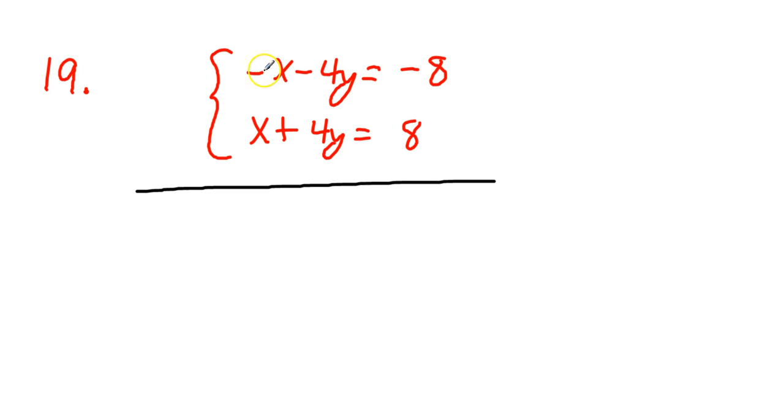Okay, so again, you've got negative x plus x, that goes to 0. You've got negative 4 plus 4, that also goes to 0. Negative 8 plus 8, that also goes to 0. So if you get 0 equals 0, that's going to be infinitely many.